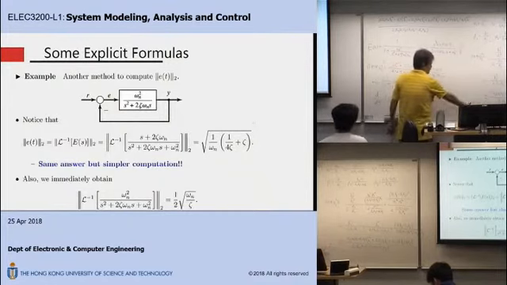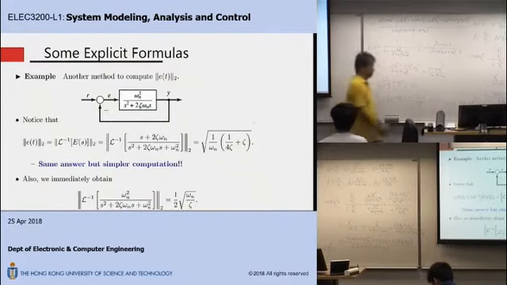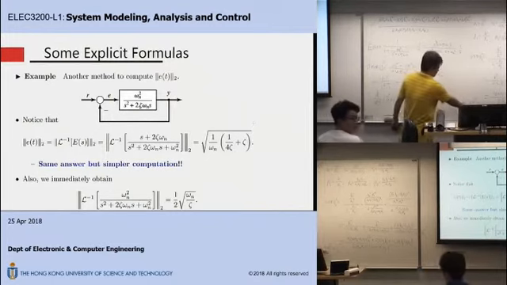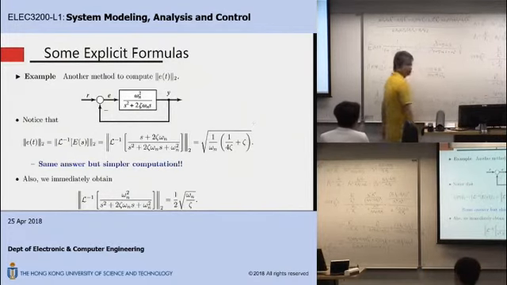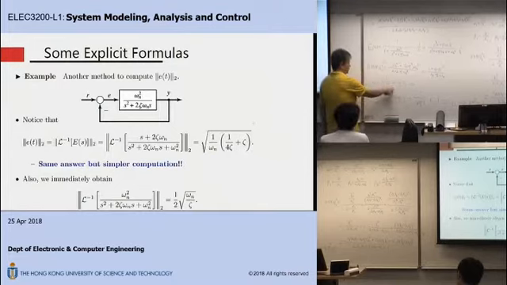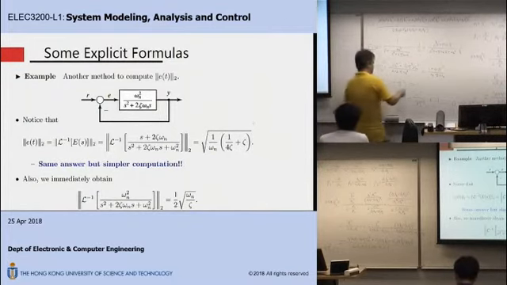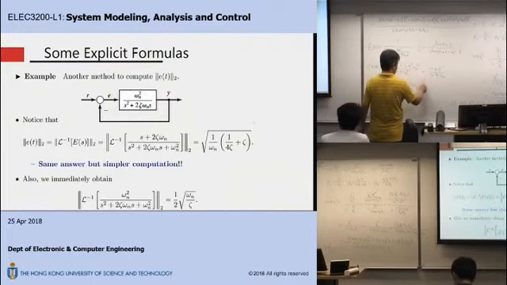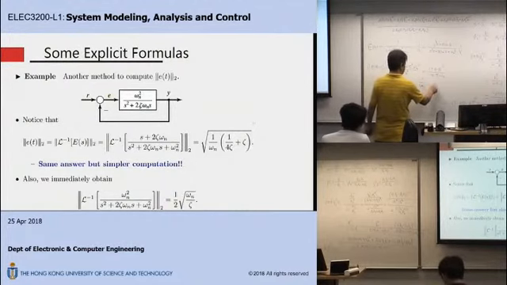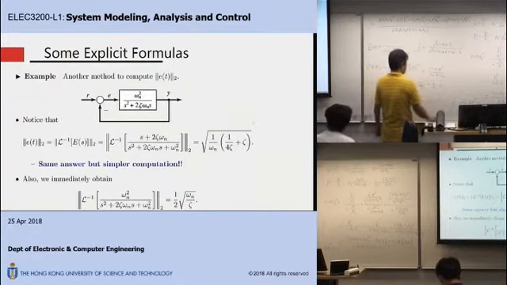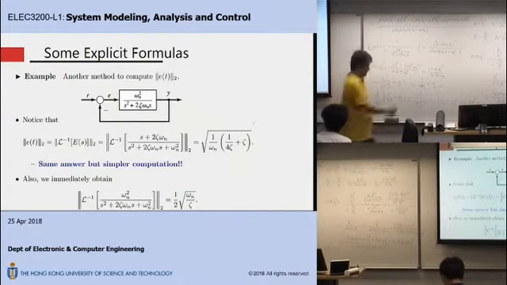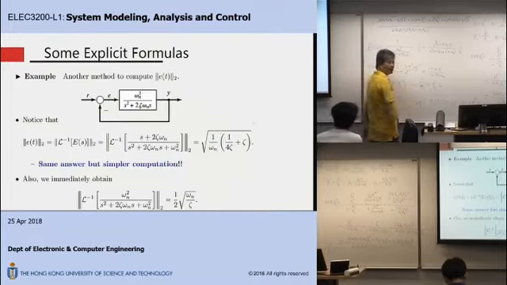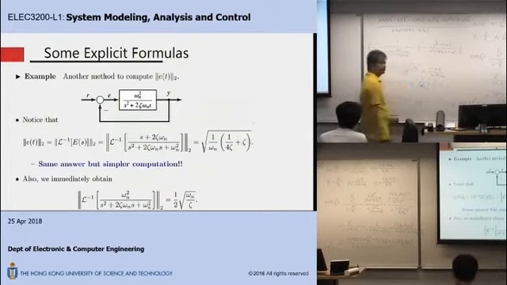So zeta is actually half. The best zeta is half. You put a half in, then you get the minimum of this, which is equal to 1 over 4 times half, plus half. It's half plus half, that's 1.